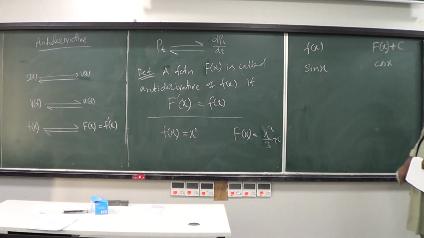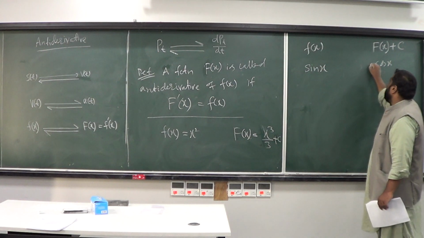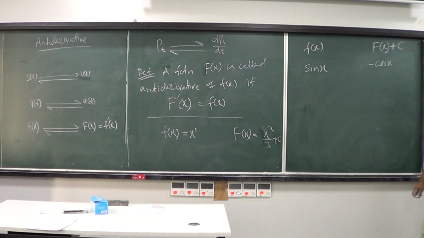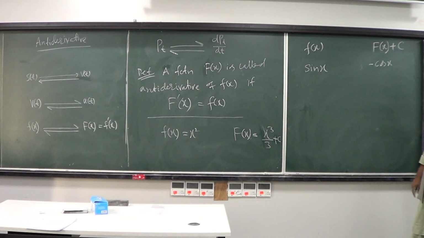So what should I do with this cos x so that if I differentiate it, I get plus sin x rather than minus sin x? Let's put a minus cos x. Now if you take minus cos x and differentiate it, you're going to get sin x. So this is the antiderivative of sin x.